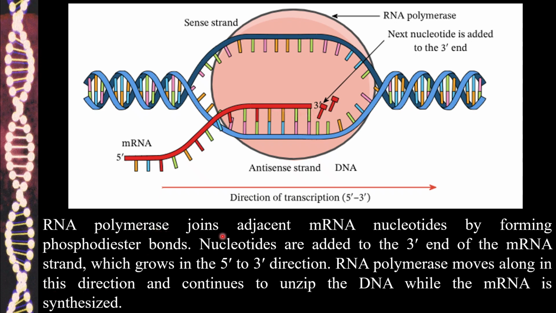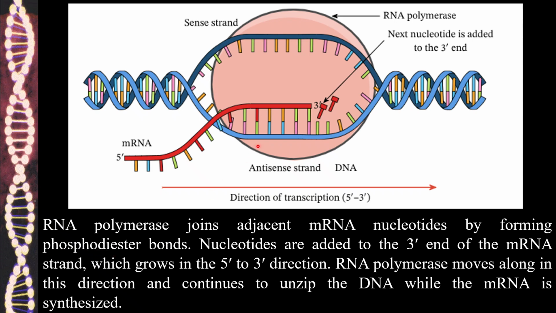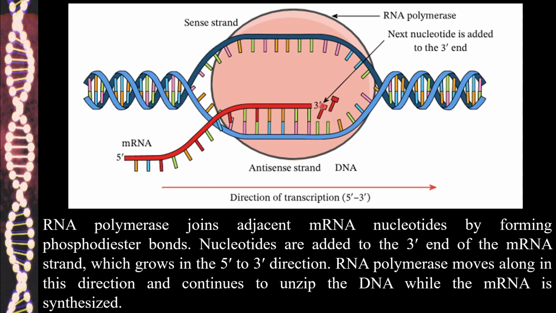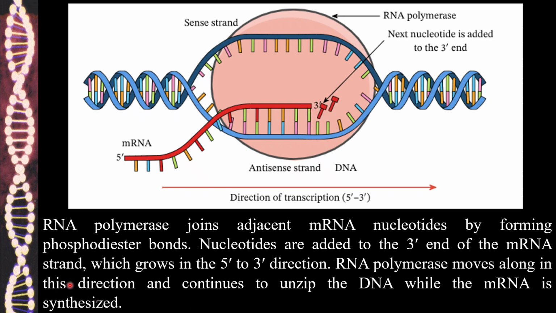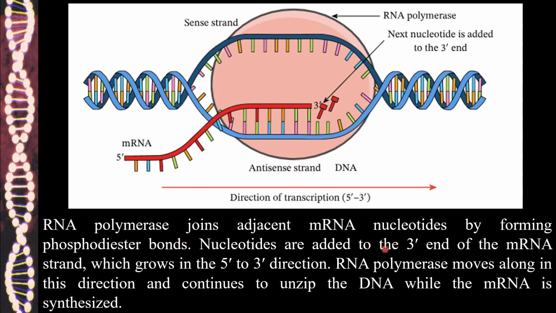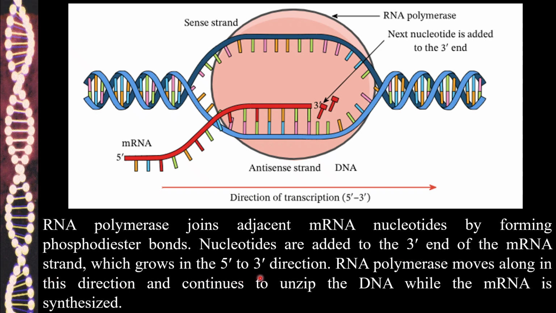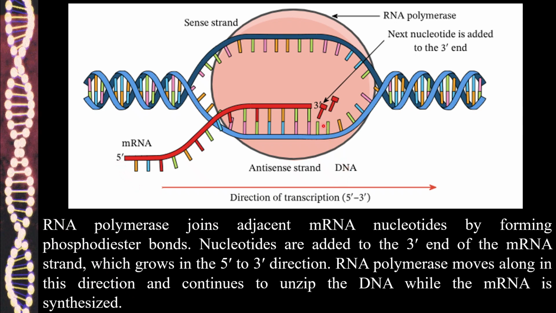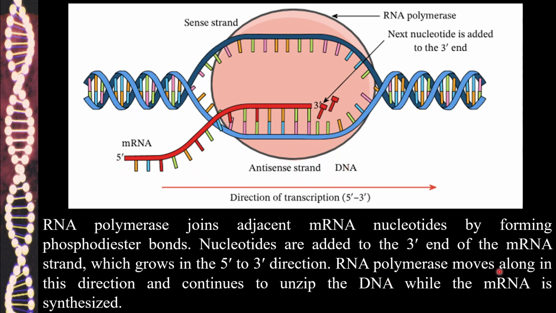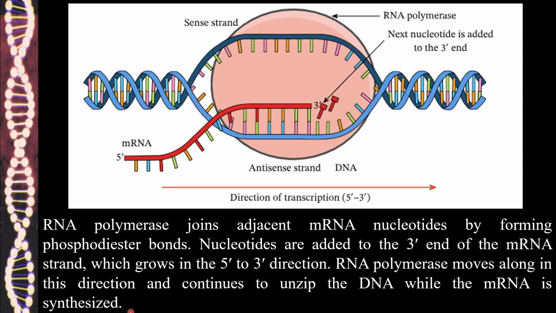RNA polymerase joins adjacent messenger RNA nucleotides by forming phosphodiester bonds. So the 3' hydroxyl and the 5' of the new upcoming nucleotide form the phosphodiester bond. Nucleotides are added to the 3' end of the messenger RNA strand, which grows in the 5' to 3' direction. RNA polymerase moves along in this direction and continues to unzip the DNA while the messenger RNA is synthesized.